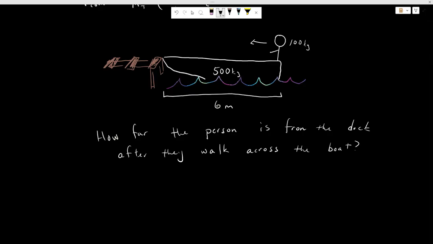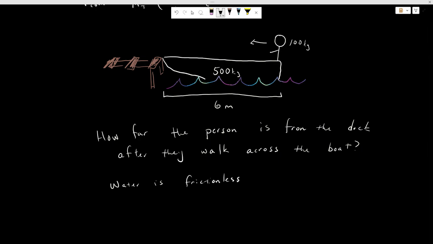So in order to do this, I would find the center of mass of the boat. Actually, let's back up for a moment. I know that if the water is frictionless, that's my first assumption.